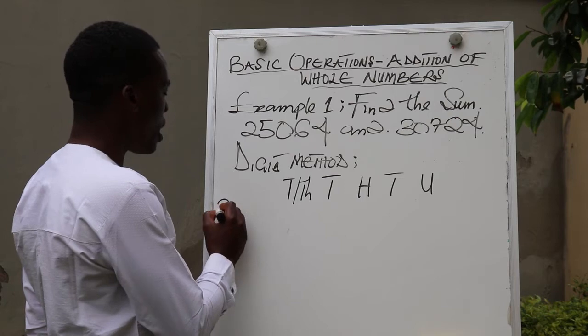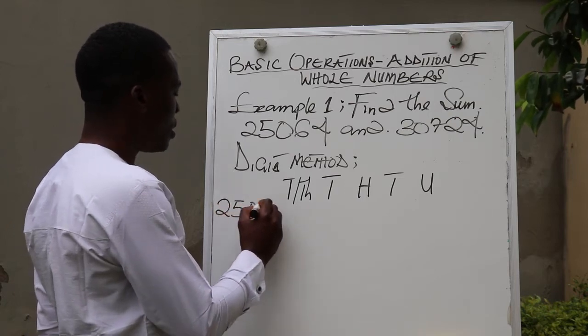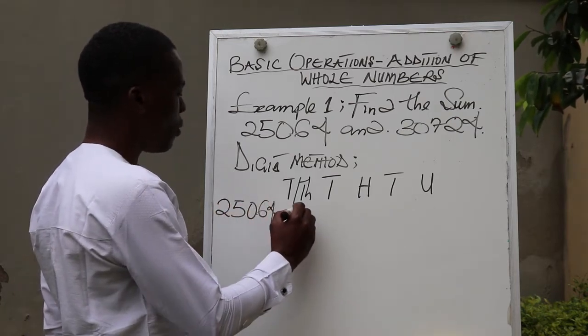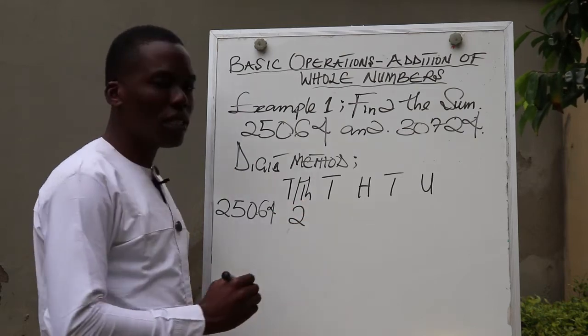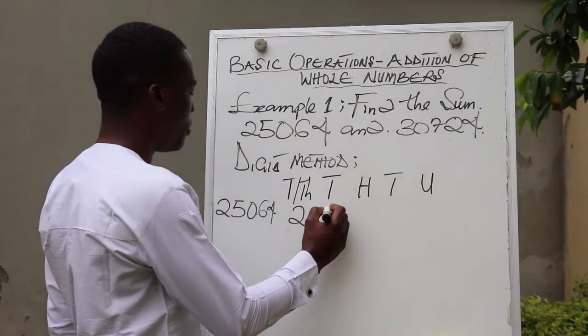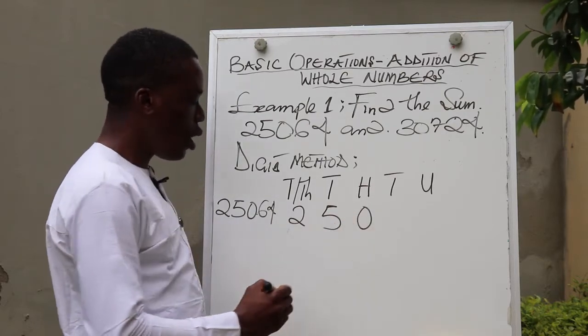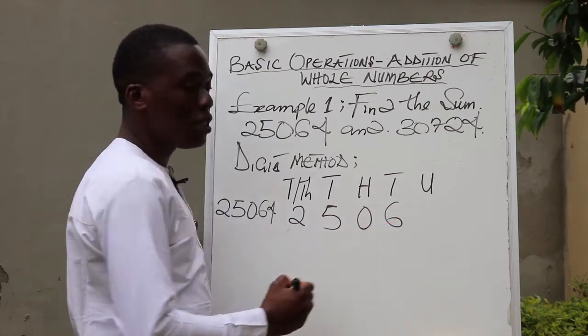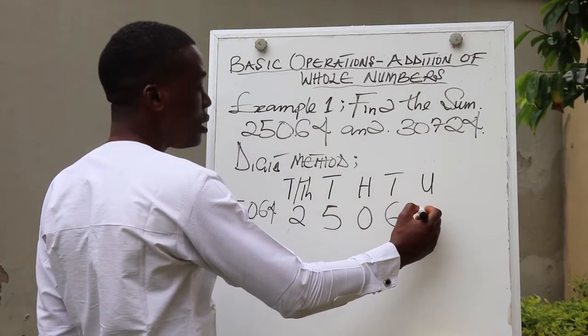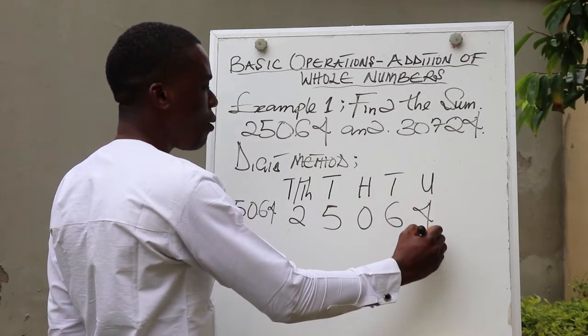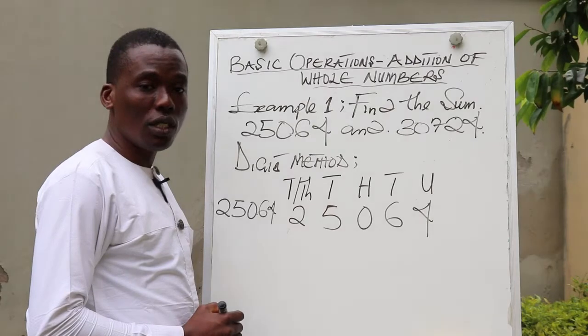The first number we have is 25064. The 2 is in the ten thousands, the 5 is in the thousands, the 0 is in the hundreds, the 6 is in the tens, and the 4 is in the units.